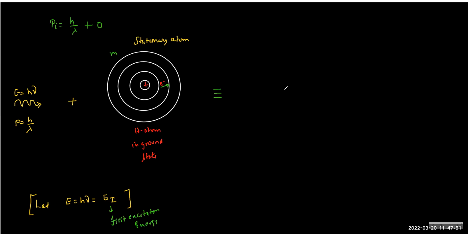Now after this event, what will happen? Ideally, if the photon is completely absorbed, the electron is now here in the first excited state, the second orbit.